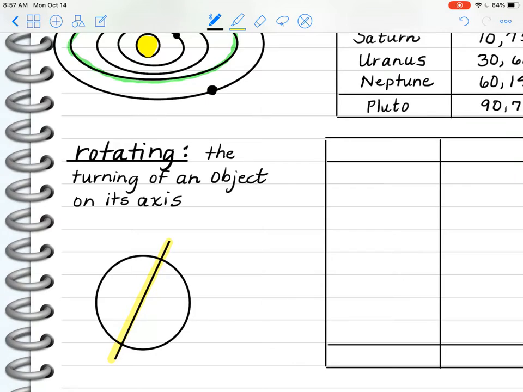And just out of curiosity, and also to show you how to do a quick internet search, how fast do you think Earth is spinning on her axis? How fast is Earth turning around that axis line?